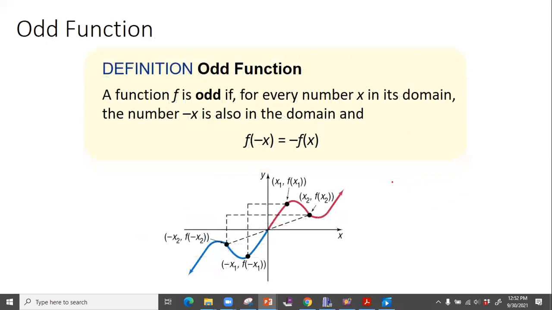Odd functions. An odd function, in terms of words, visually has rotational symmetry around the origin.